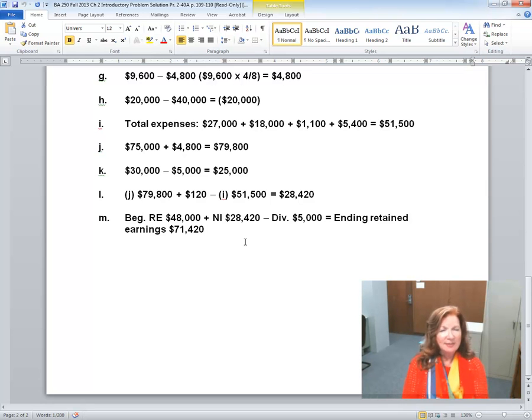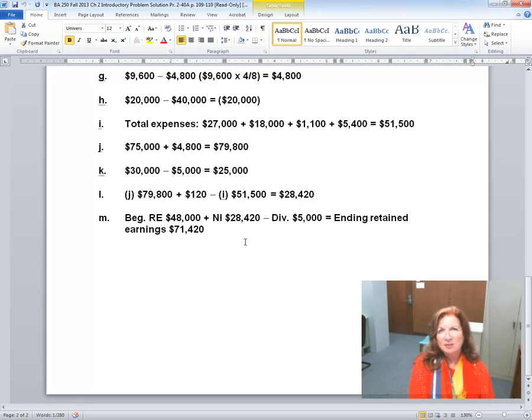So it strengthens a skill we already had from Chapter 1, adds a new skill of accruals, and then builds again on the statement analysis. What would we be showing in financial statements: income statement, statement of change in owner's equity, balance sheet, statement of cash flows. And many of these calculations were calculations we would actually do in those statements. So I hope this gives you a good introduction to Chapter 2.